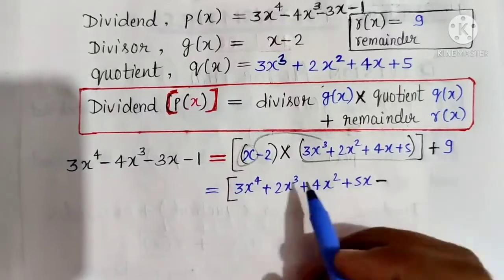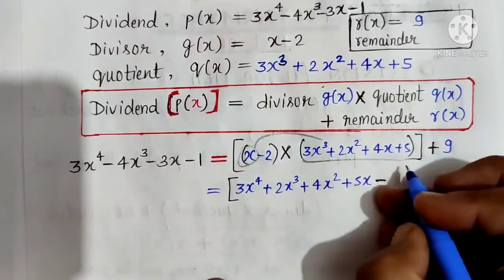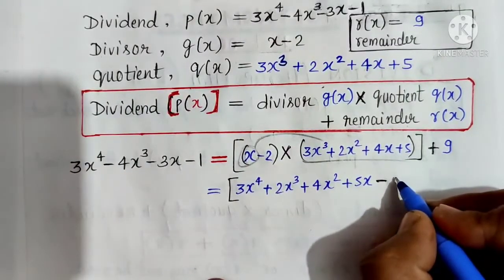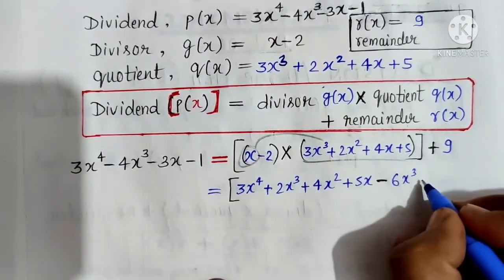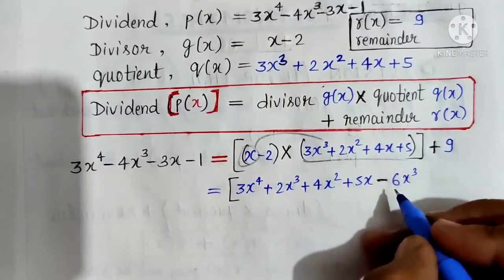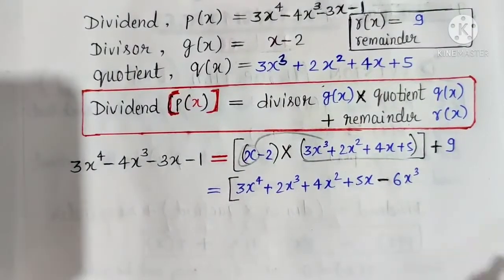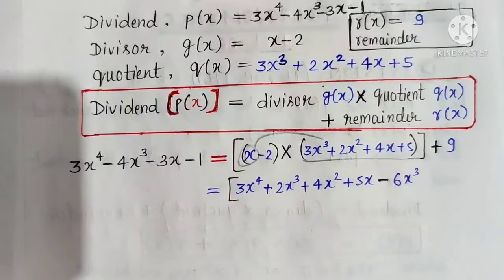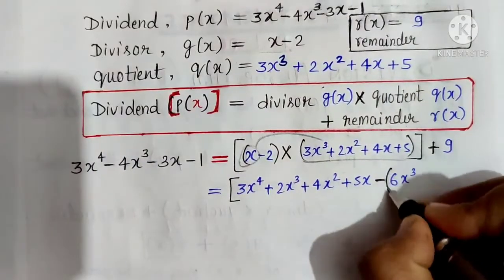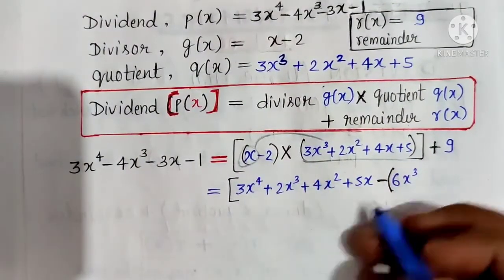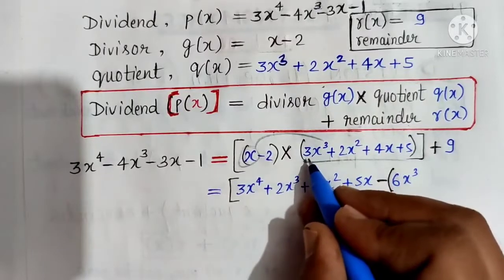And now 2 into 3, what comes? 2 3s are 6. So it becomes 6x cube. Now 2 into 2, so it becomes minus only. Or you do one thing, first you write in the bracket only, then you can open the bracket. Sometimes it becomes confusing. So I am writing in bracket only like this. Minus 2 into 3, so 6x cube. I'm just checking this sign only.